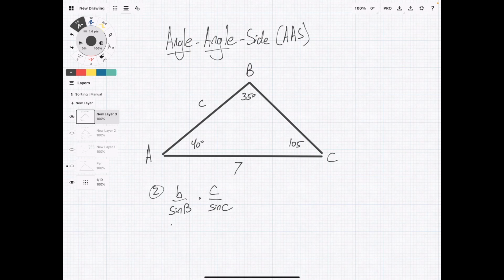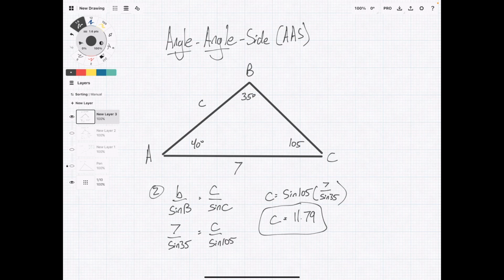Now we'll plug in the values. c over sine of 105 equals 7 over sine of 35. c is going to be equal to the sine of 105 times 7 over sine of 35. Plug it into your calculator, and then you get 11.79. Cool.